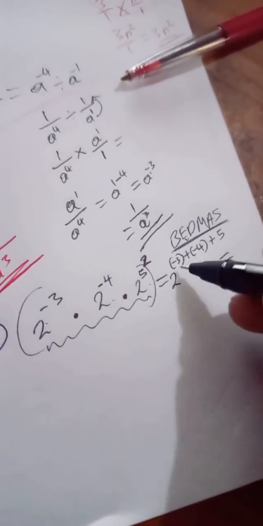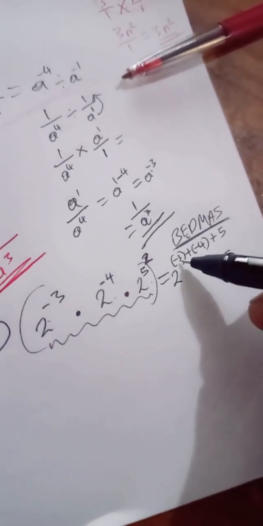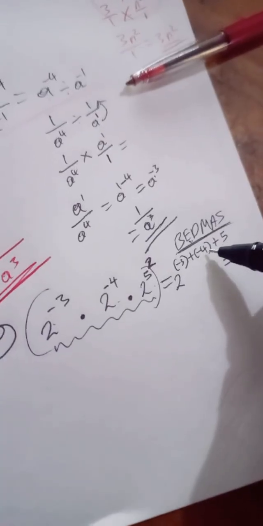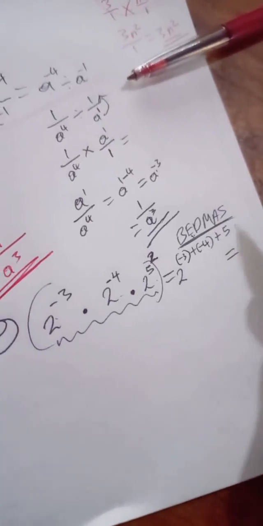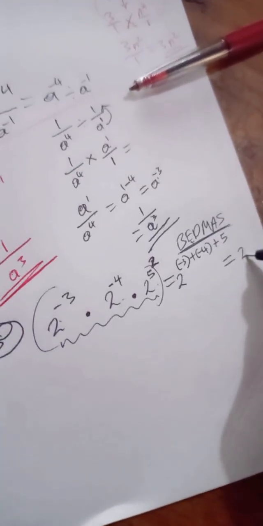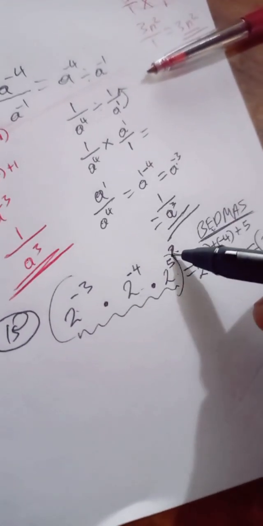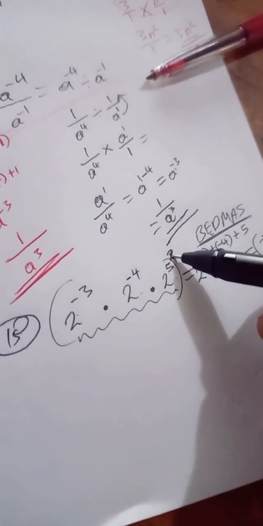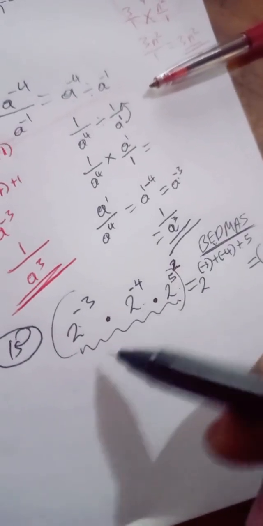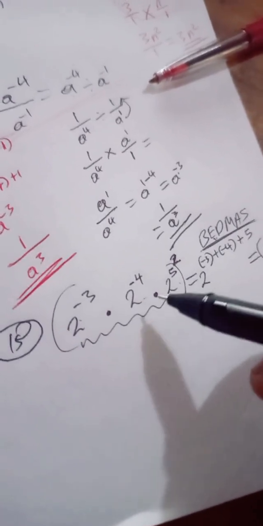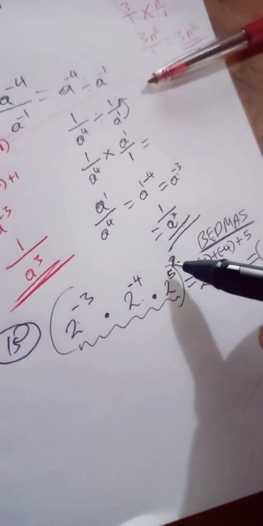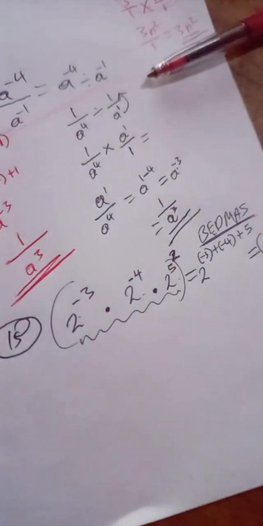So from here, negative 3 minus 4 is negative 7, plus 5, which is negative 2. 2 to the power negative 2. Remember this square which is outside. Solve what is inside. After getting the answer, the outside exponent must affect what is inside.